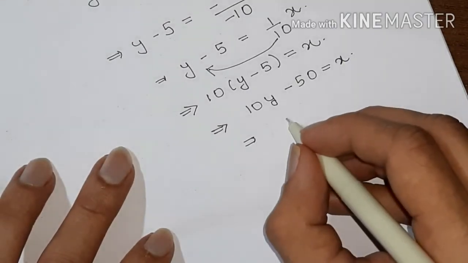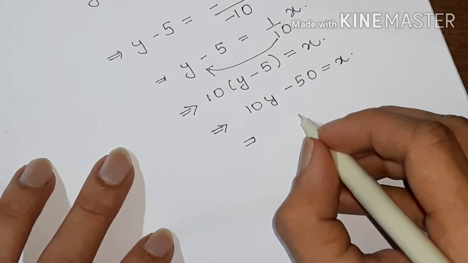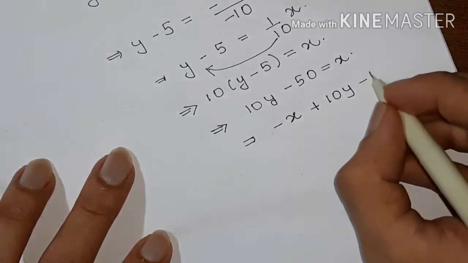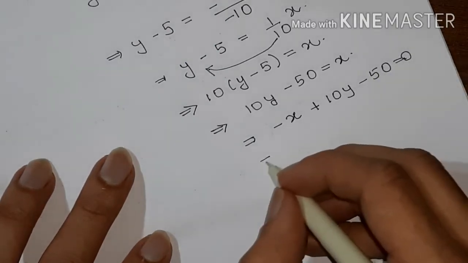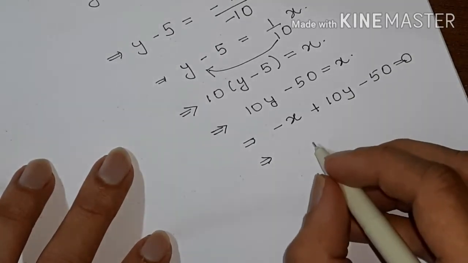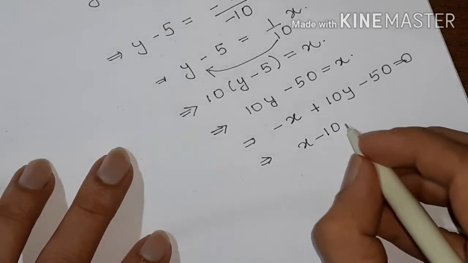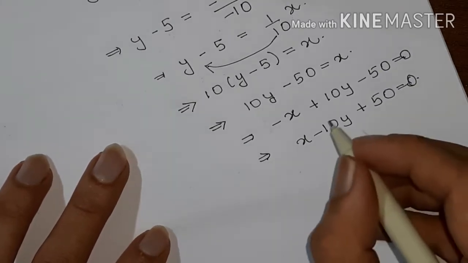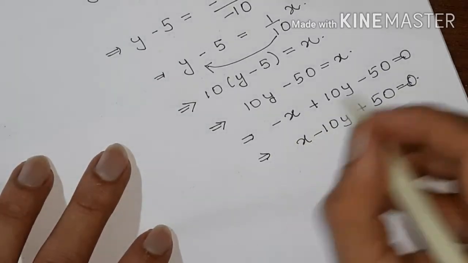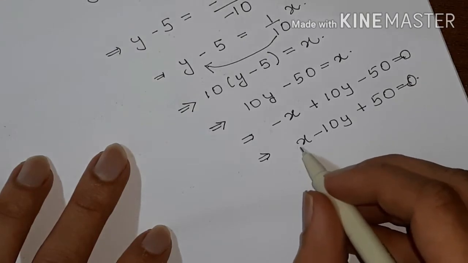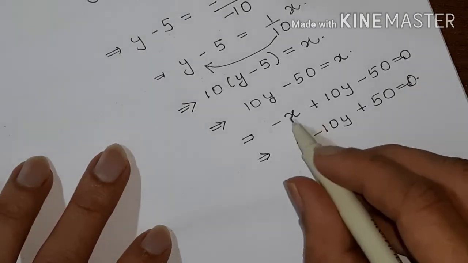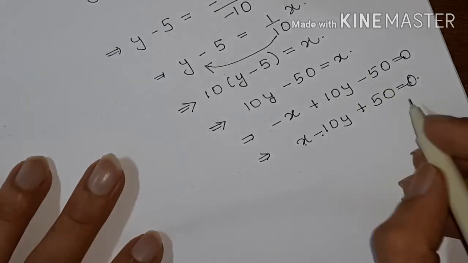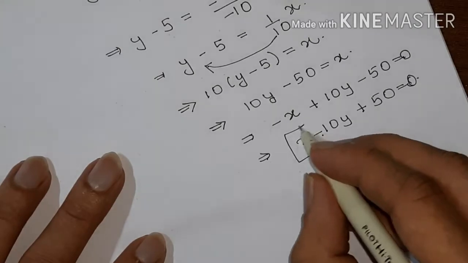If you rearrange it properly, it will be minus x plus 10y minus 50 equal to 0. Or if you change the signs, which means multiplying by minus 1 on both sides, you will get x minus 10y plus 50 equal to 0. So this is the equation.